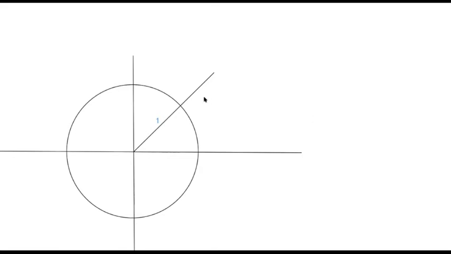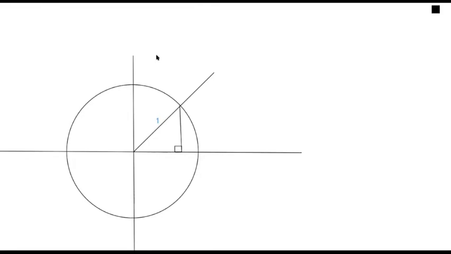So, radius of 1, we're going to make this into a triangle. Even if we pretend like the circle part is not there, we know that if this is a right triangle and this is 45 degrees, that means the other angle is also 45 degrees.